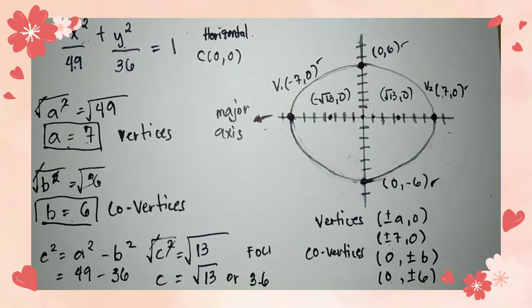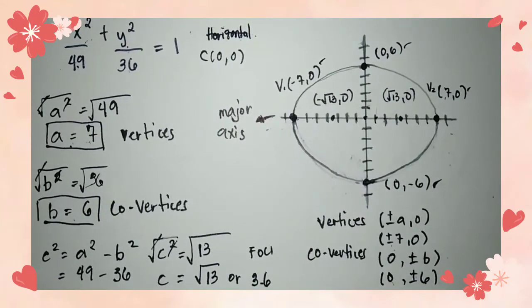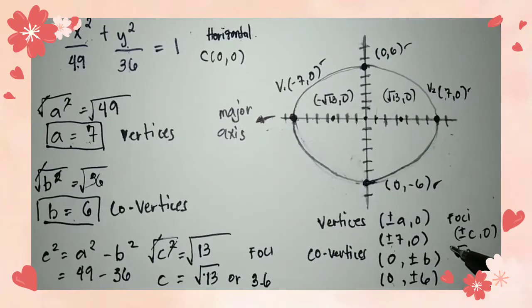Alright, the next one is the foci. Tingnan natin kung tama ba tayo sa foci. We have the formula for foci at positive and negative c and 0. And our c is square root of 13. Ito siya. We have square root of 13, positive and negative, and 0.